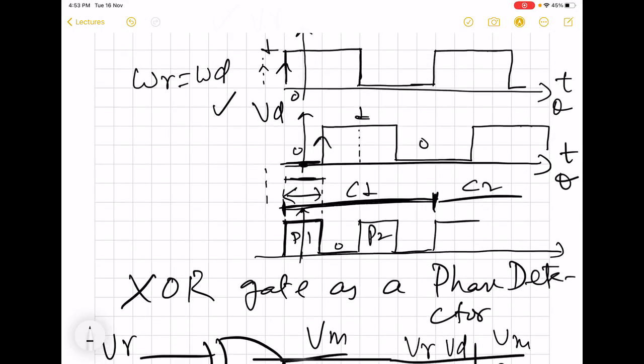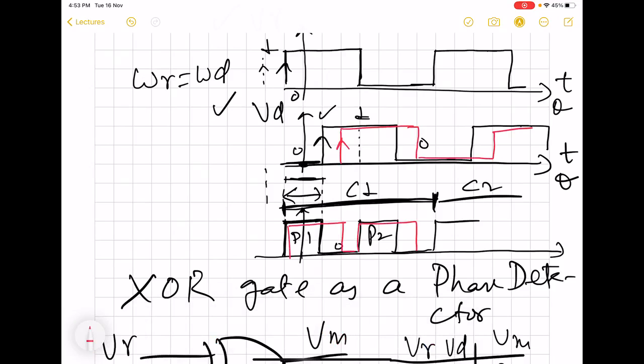Now suppose we shift this rising edge of the second waveform to here. In that case we can clearly see that the pulse is going to be wider. If we shift the rising edge here, that means we have shifted the waveform in this way, and now we are going to get a pulse which is wider, like this.